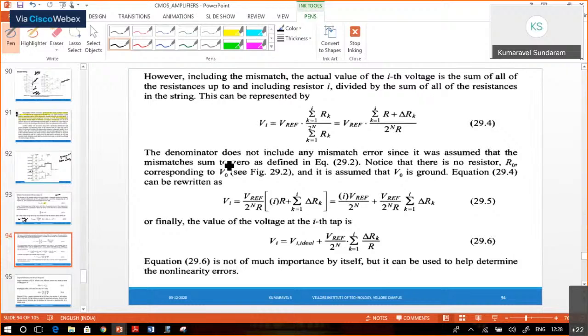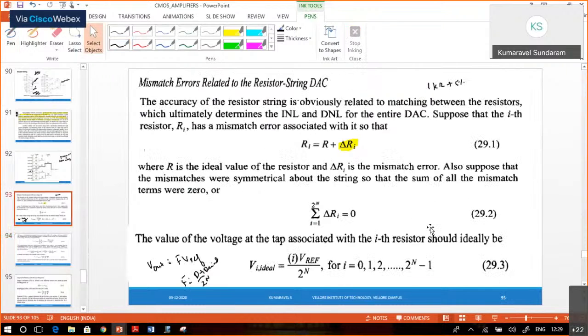Now the denominator does not include any mismatch error, because the lower part will have positive mismatch and the upper part will have negative mismatch, which means it gets cancelled out. The denominator does not include any mismatch since it is assumed that the mismatches sum to 0, as defined in equation 29.2.